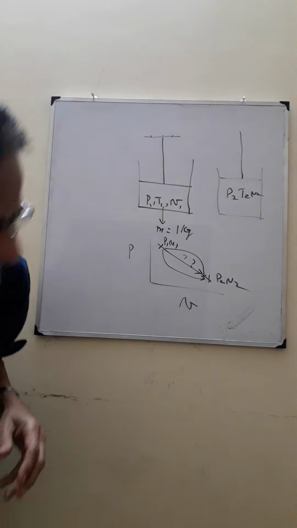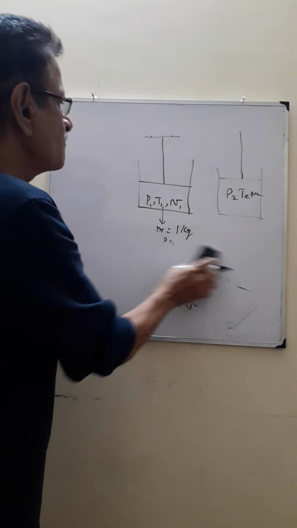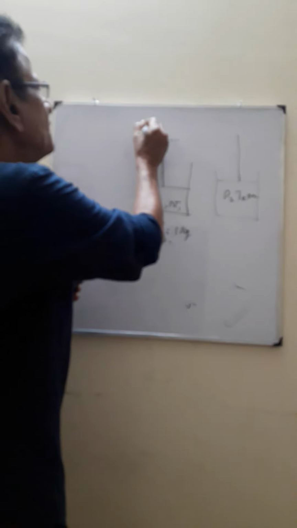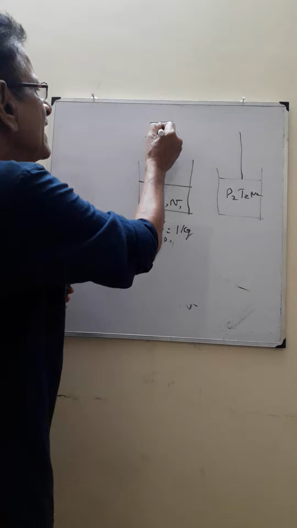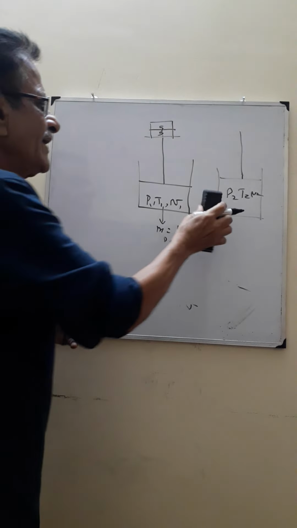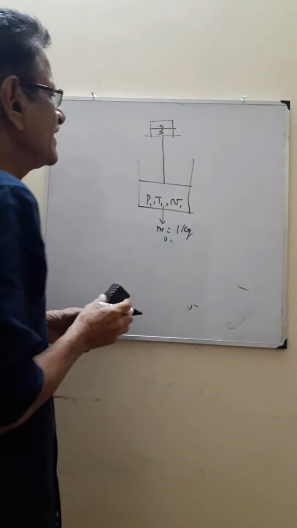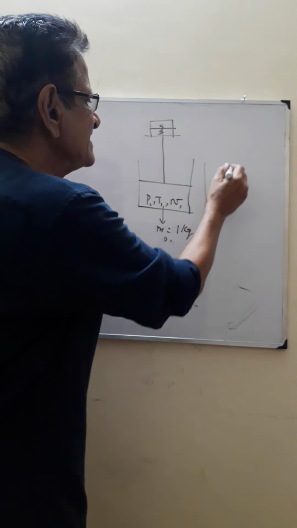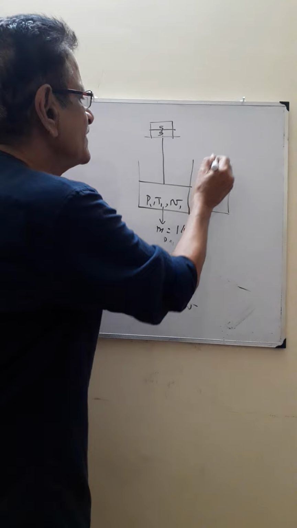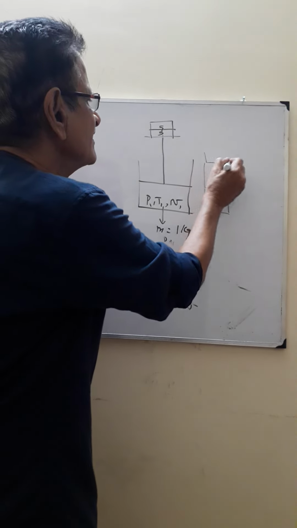Now what I'm going to do next is come back to this. I'll put 10 kg once again here, divided into two, 5 and 5. First I remove 5 kg. It will come to some intermediate value like this.